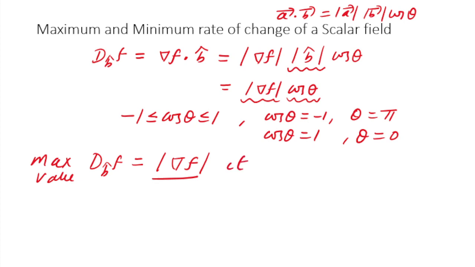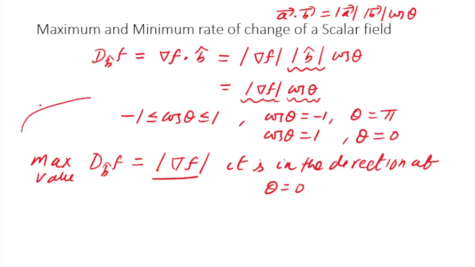It is in the direction of theta is equal to 0. Now I have just written it deliberately to explain it to you. Suppose you have this surface, and if I talk about theta, what is the theta that I have talked about?